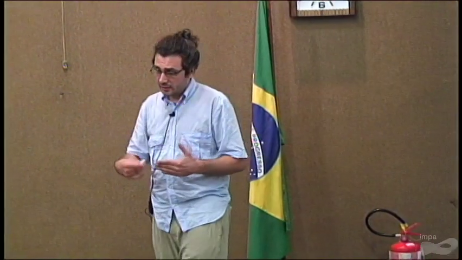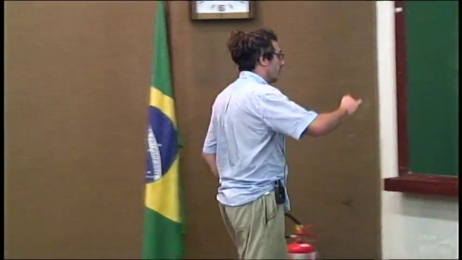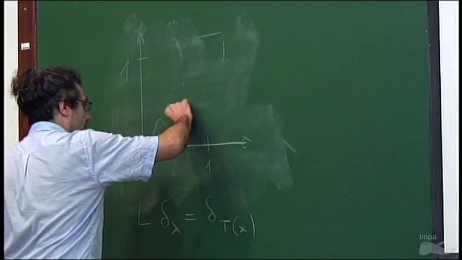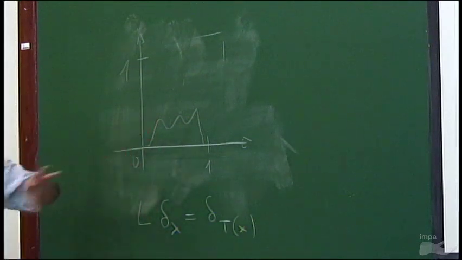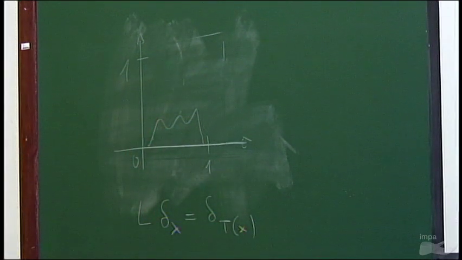So if you take a density, we think of points as sand, so a density of probability as sand on the interval 0, 1, and we let the transfer operator act, and we see how this sand is spread out through the dynamics.